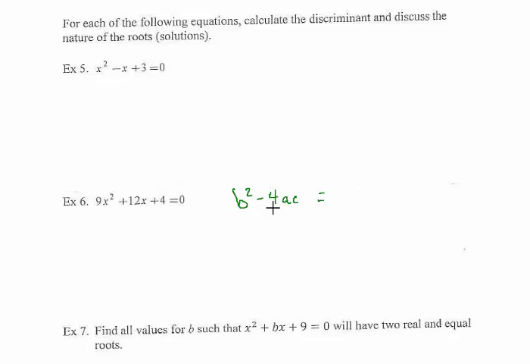We only want to calculate b squared minus 4ac. We get 12 squared minus 4 times 9 times 4. 12 squared is 144, and 4 times 9 times 4 also ends up being 144. 144 minus itself is 0.